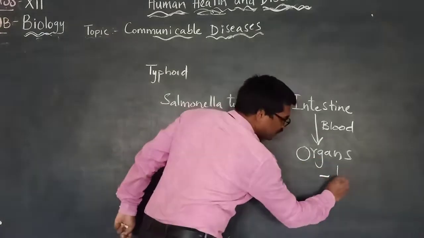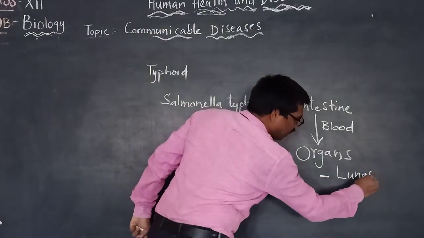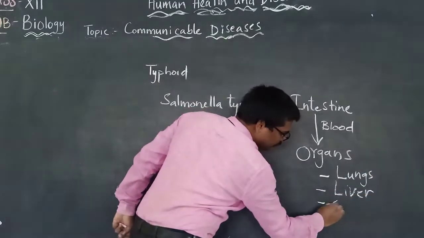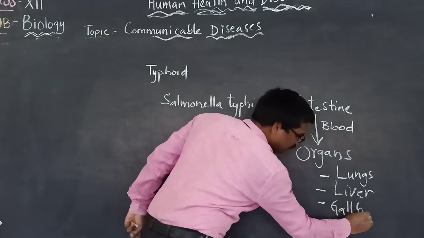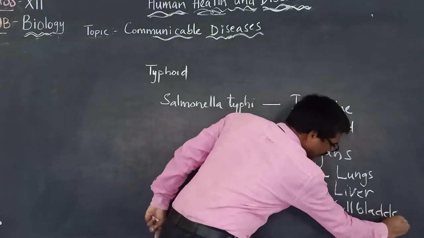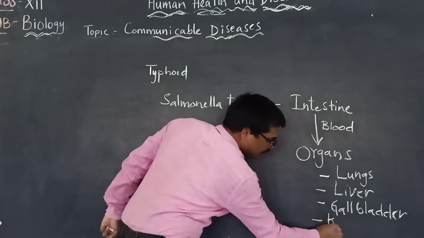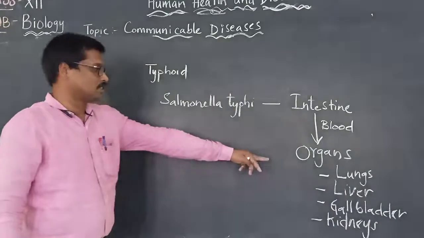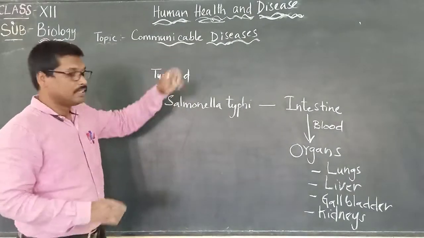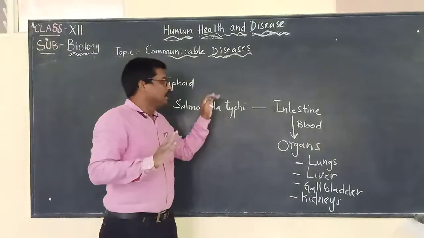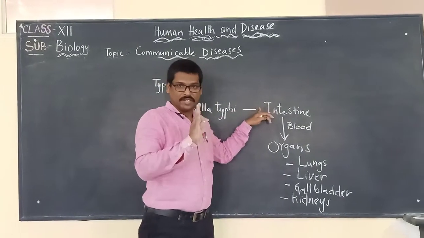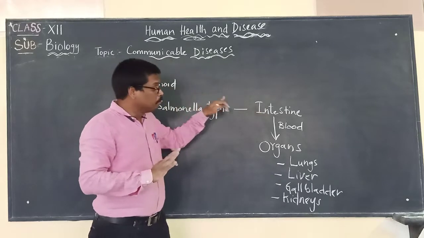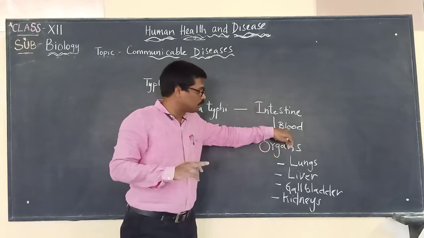Like what can be those organs? It can also enter the lungs, the liver, the gallbladder, and, in severe conditions, the kidneys. So we have to remember this point: Salmonella typhi enters the intestine, the main region where it will reside and cause the disease called typhoid, but it may also enter other organs through the blood.